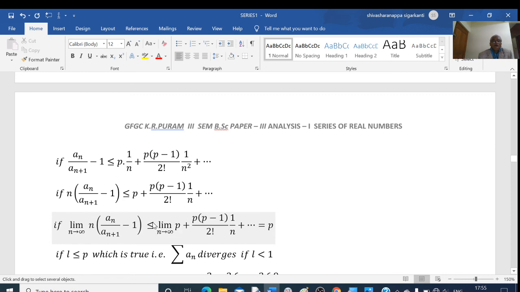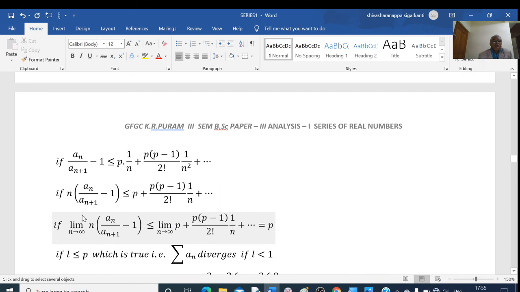What is the right hand side here? If I take n tends to infinity, this term becomes 0. The next term also becomes 0 because the denominator contains n. All the terms after the first term become 0. Only p remains on the right hand side. So the limit of the right hand side is equal to p.